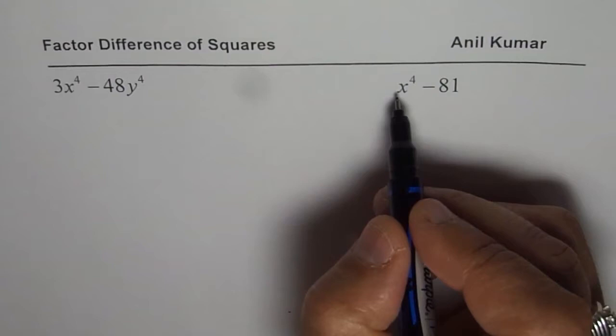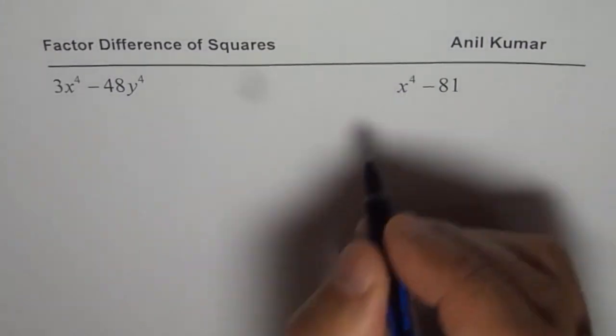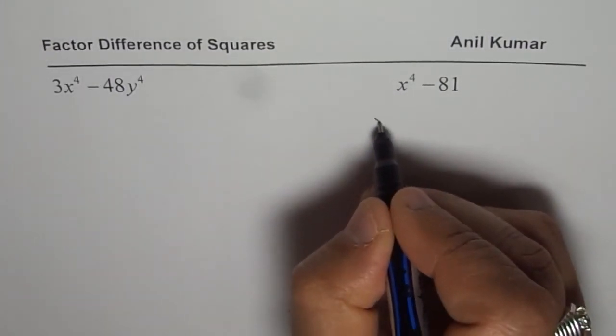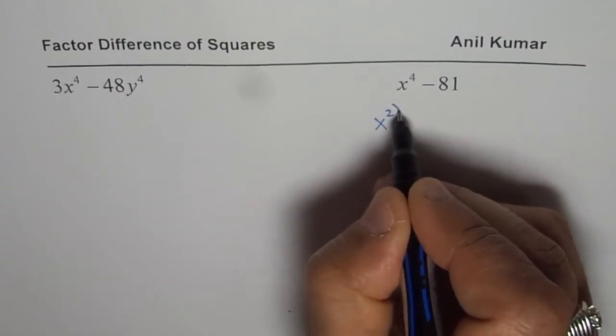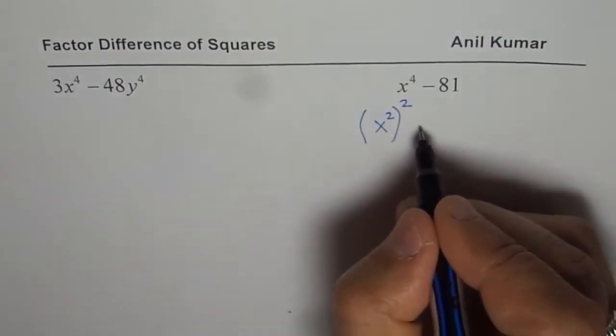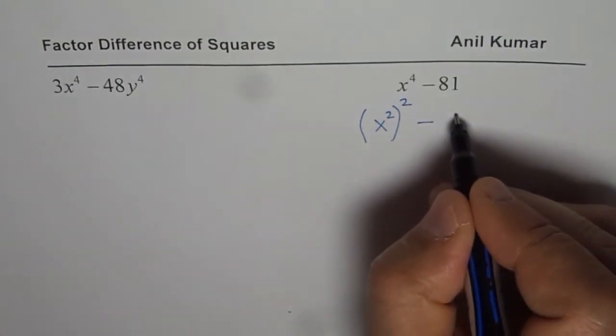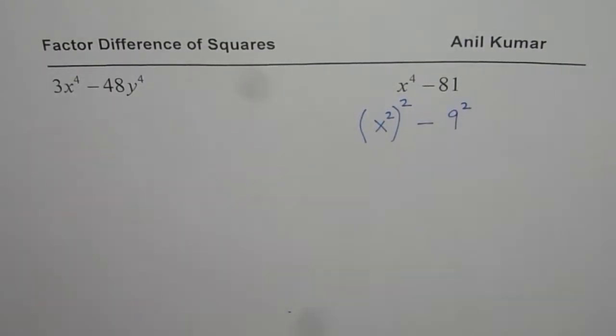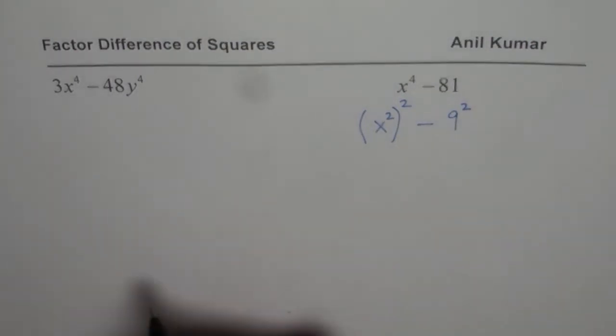Think like this. X to the power of 4 minus 81 could be written as a difference of squares like this. This could be square of x squared, and 81 could be written as 9 square. Now we can apply the formula of difference of squares. You know the formula, right?